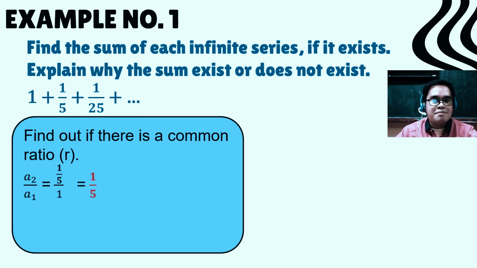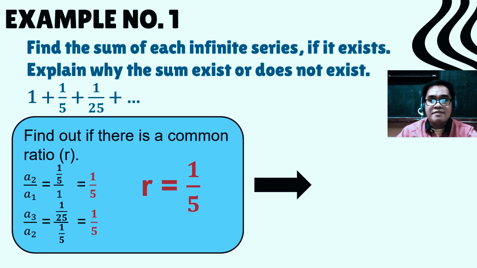A sub 2 divided by a sub 1 is equal to 1 over 5 over 1, equals 1 over 5. Then a sub 3 divided by a sub 2 is equal to 1 over 25 over 1 over 5, equals 1 over 5. Therefore, our common ratio is equal to 1 over 5.